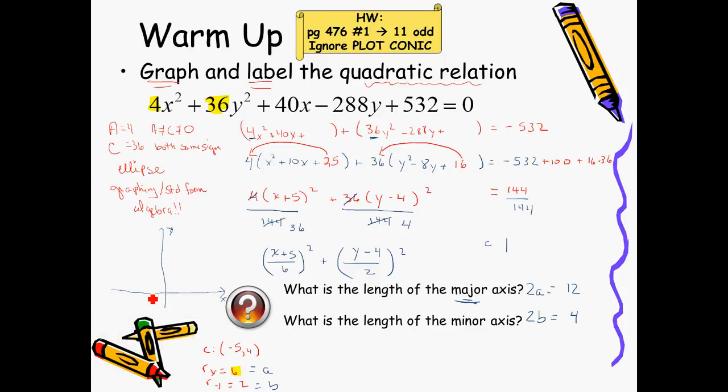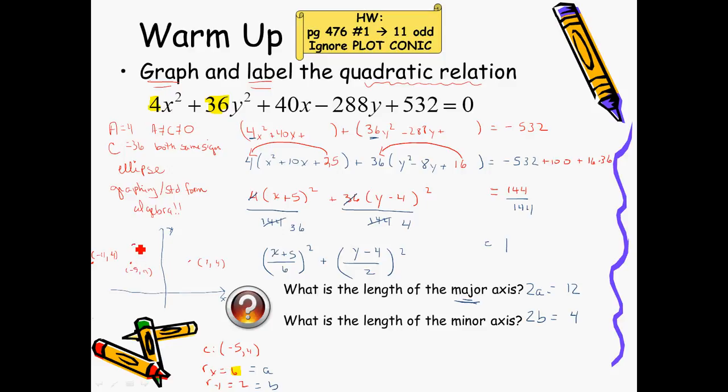But I'm going to go to -5, 4. I'm going to radiate 6 units this way, 6 units this way in the x direction. -5 plus 6 is 1. -5 minus 6 is -11.